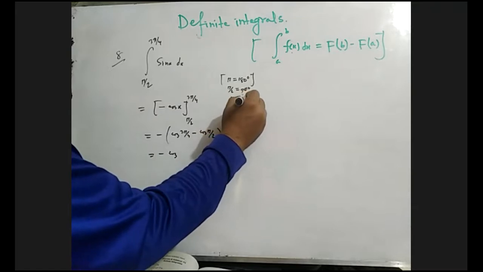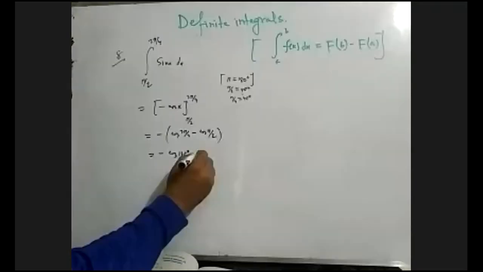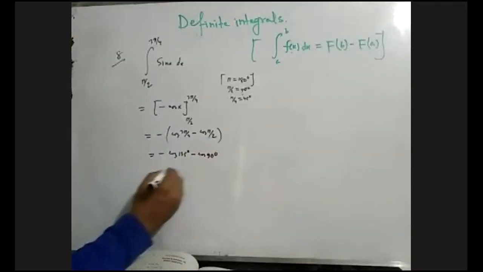So this is cos 135 degrees minus cos 90 degrees.